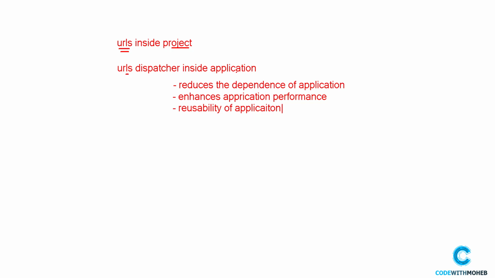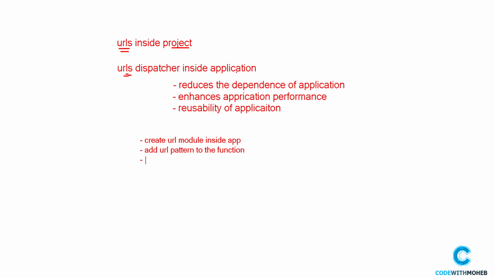Now the point comes here that how can we use the URL dispatcher inside an application? It is quite simple. The first thing is that you create a URL module inside application. The second thing is that add a URL pattern to the function.